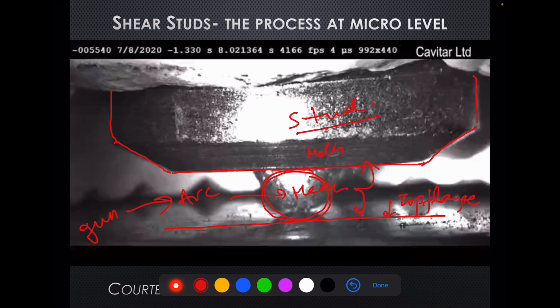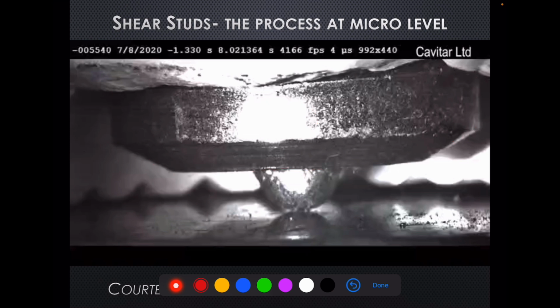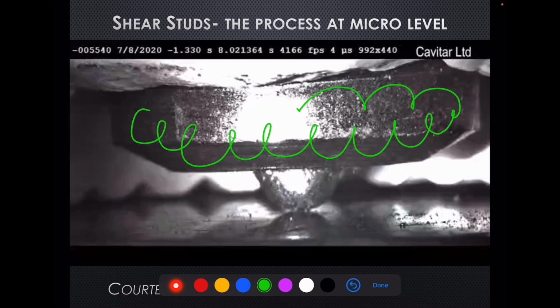The shear stud melts faster, and if you see carefully, you will see how this shear stud starts melting along with a little bit of melting of this top flange, and how this portion immediately melts away and forms a pool of molten metal, and then our welding is achieved.